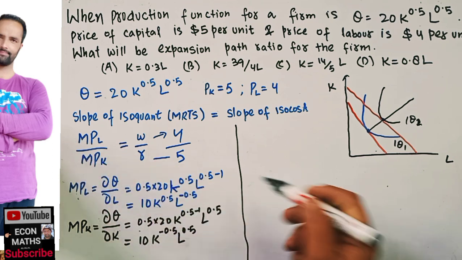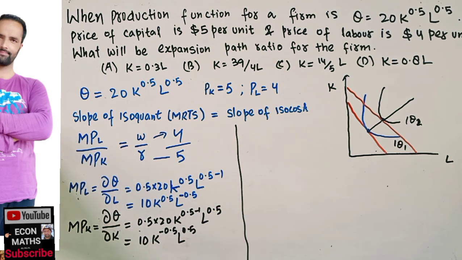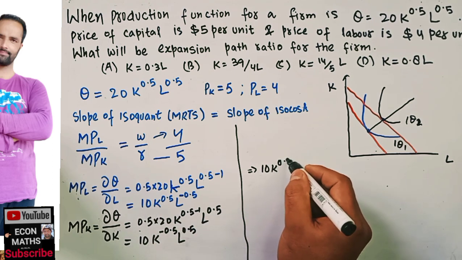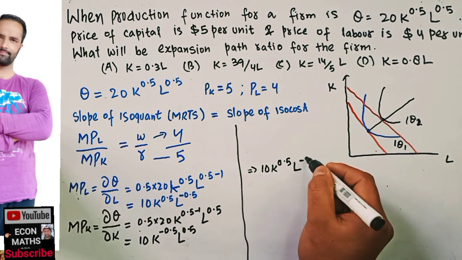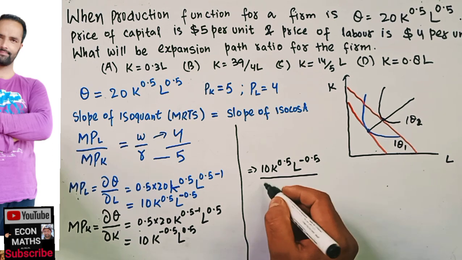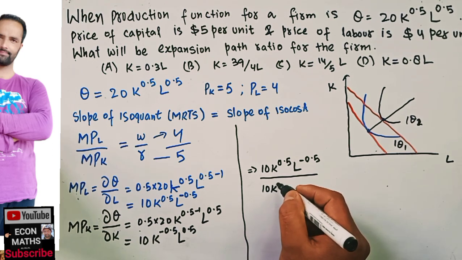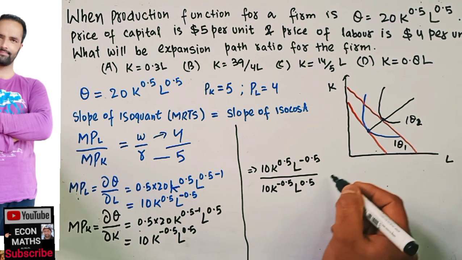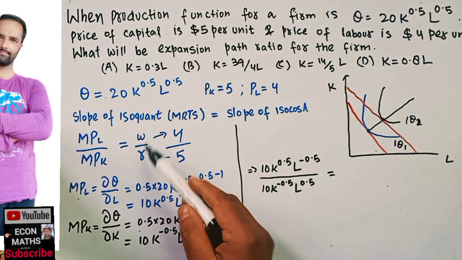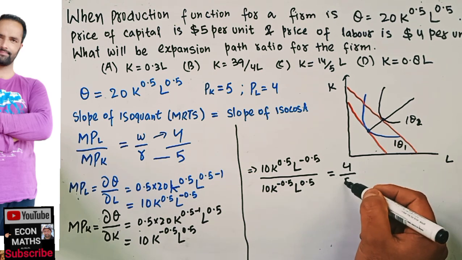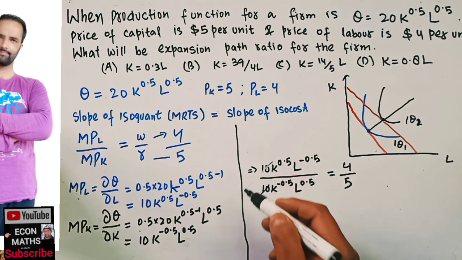So I can write it like this: 10 K to the power 0.5 L to the power minus 0.5, divided by the marginal product of capital, 10 K to the power minus 0.5 L to the power 0.5, should be equal to W upon R, that means 4 upon 5. 10 and 10 will get cancelled.